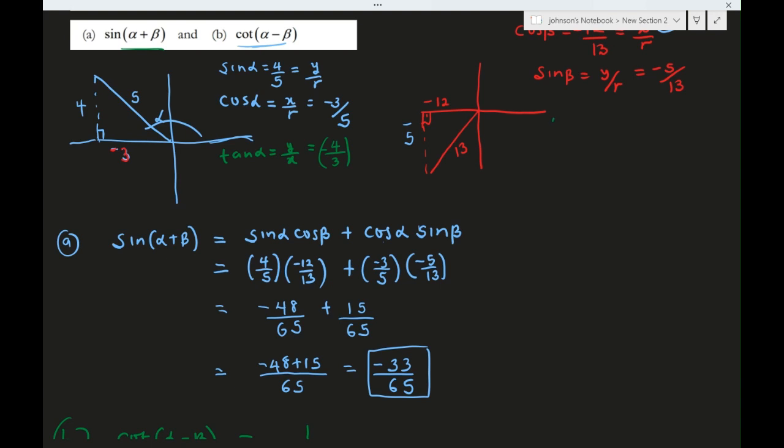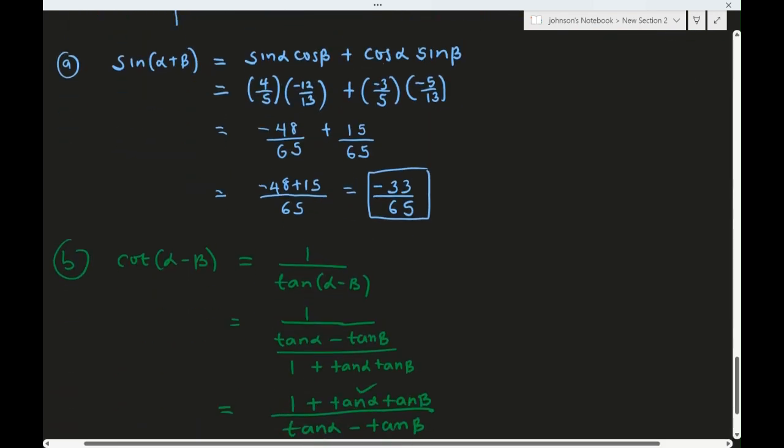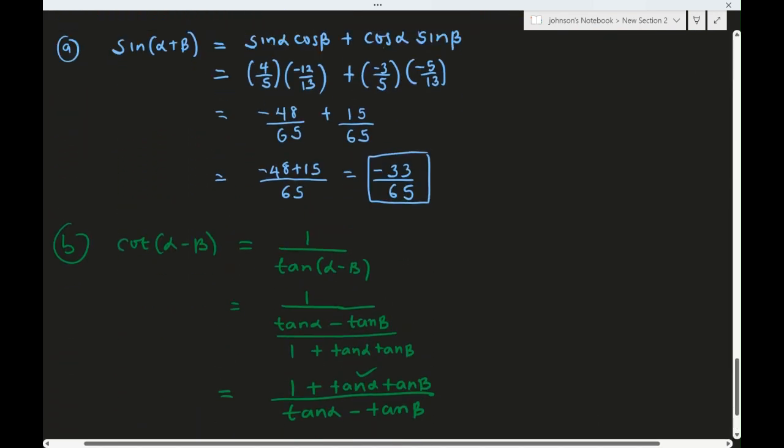We will need tan beta, which is also y over x, which is minus 5 over minus 12, which is just going to be 5 over 12. That makes sense because we are in the third quadrant, so tan should be positive. Here we are in the second quadrant, so tan should be negative. So let's go back here.